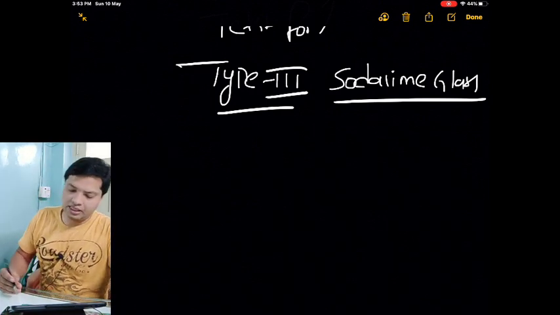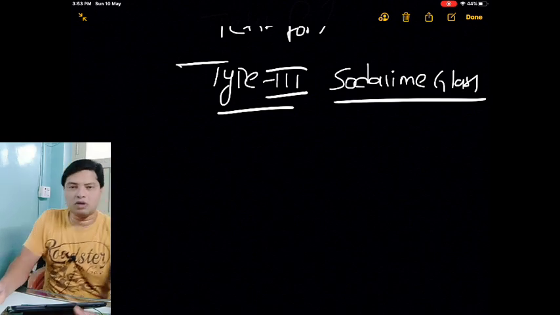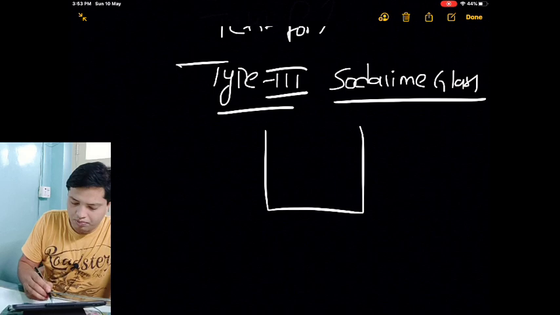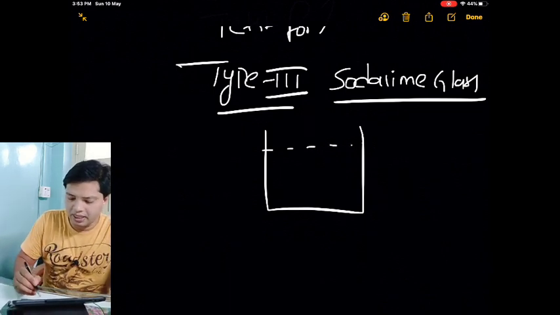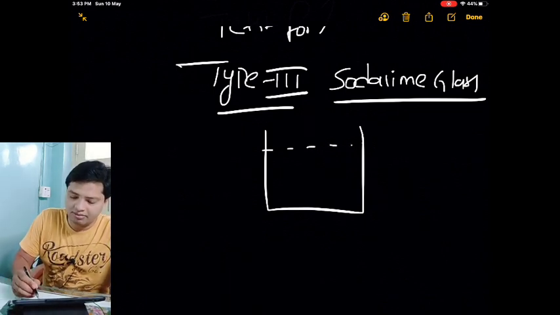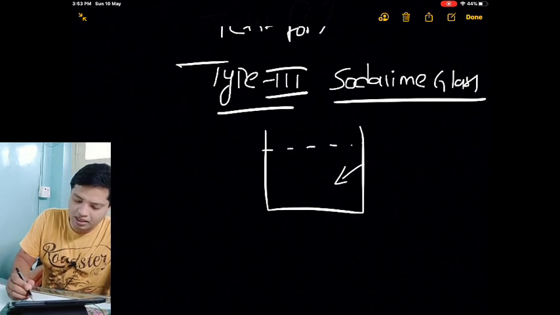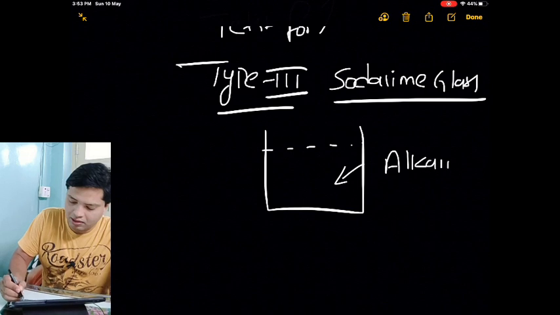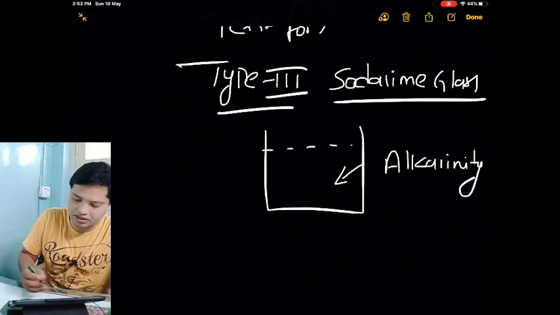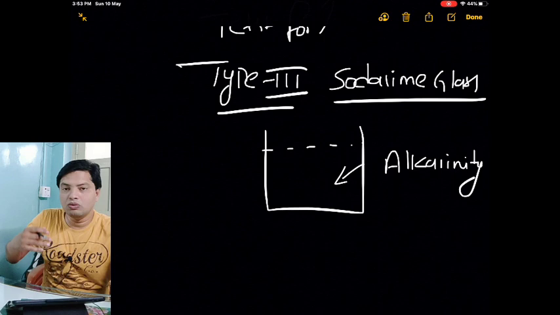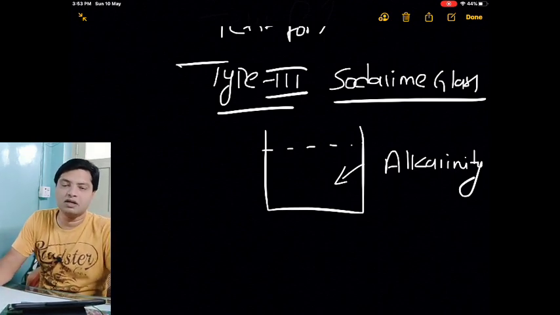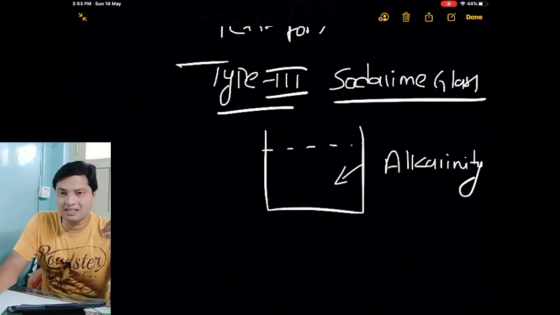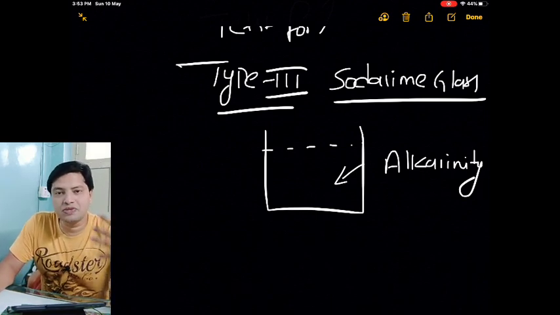The problem with soda lime glass is, if you take this type 3 glass and pour some solution in it, and keep that solution for some time, this glass will impart alkalinity. This glass will raise the pH of the solution kept in it, because it has more leaching substances which increase the alkalinity.